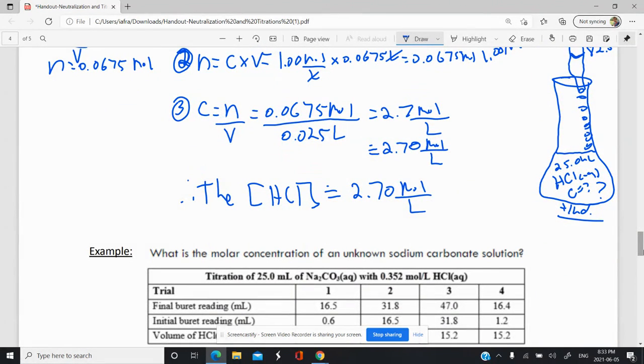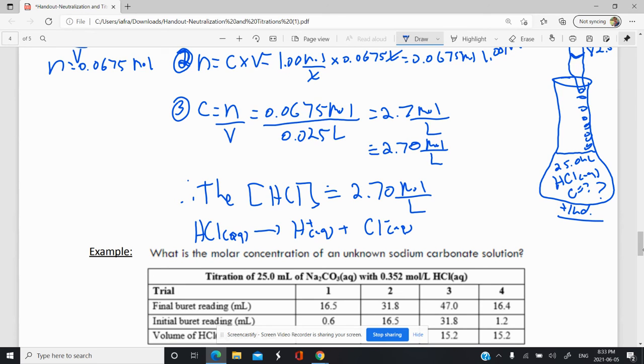As usual, I could ask you to find the pH of your acid, not your mixture, but your acid. So the acid, if you wanted to find the pH, just to show you how you would do it as an extension, once you have the concentration of the HCl, that's a strong acid, you can write an ionization equation. So H plus, Cl minus, aqueous.